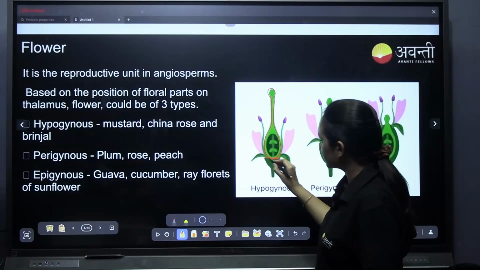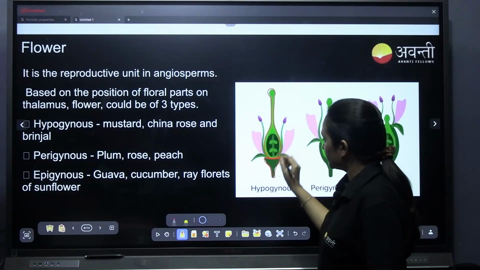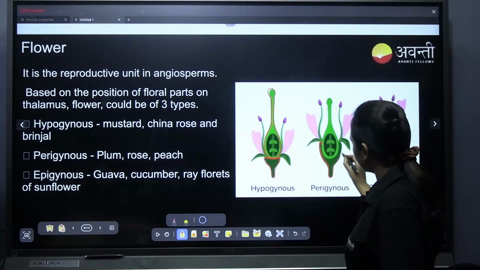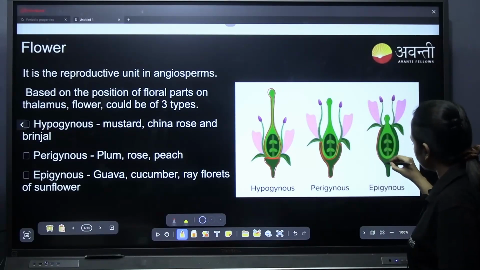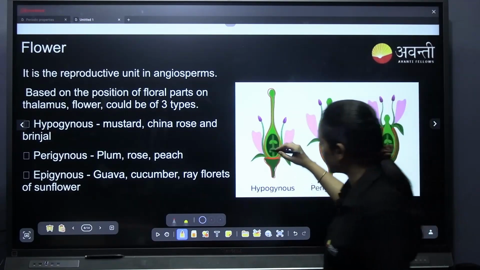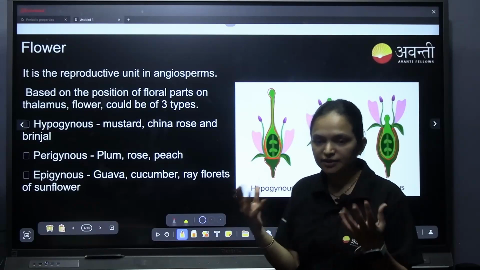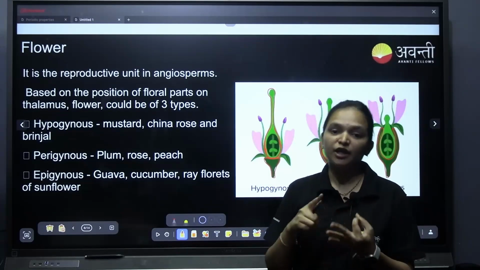This is the thalamus, and the ovary, that is the gynoecium, is situated on the thalamus. With respect to the ovary, where the other parts are situated is classified into three: hypogynous, perigynous and epigynous.